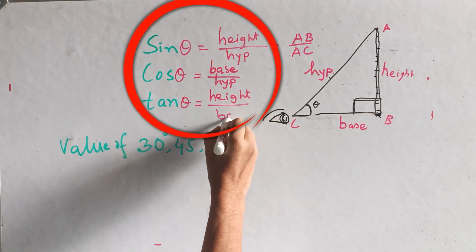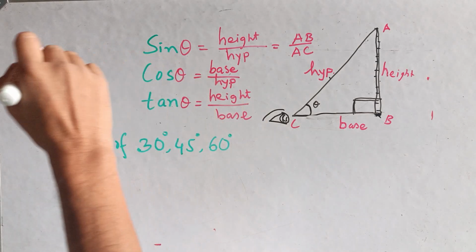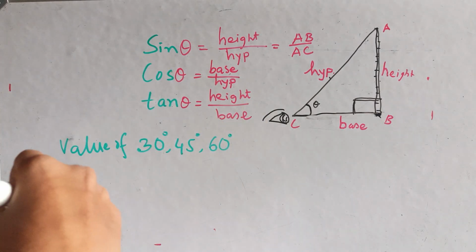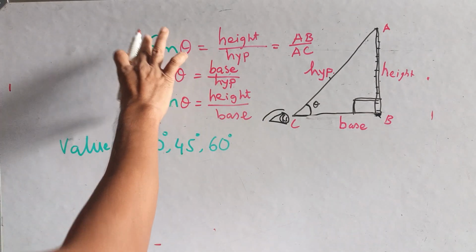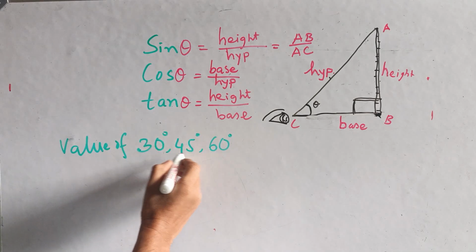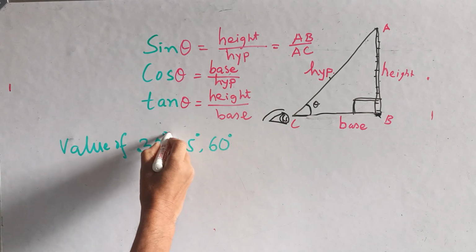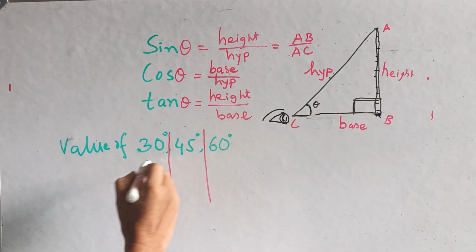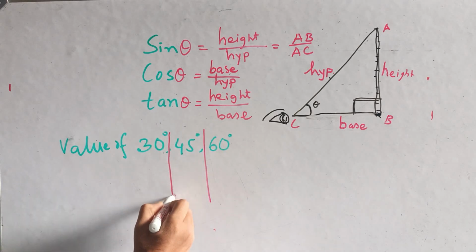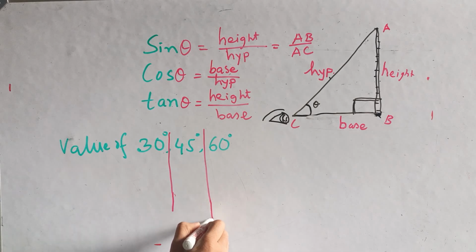These are the basic definitions not to be forgotten at any time. If you know these, then for 30 degree, 45 degree and 60 degree you have to remember these values also, which are very, very important.